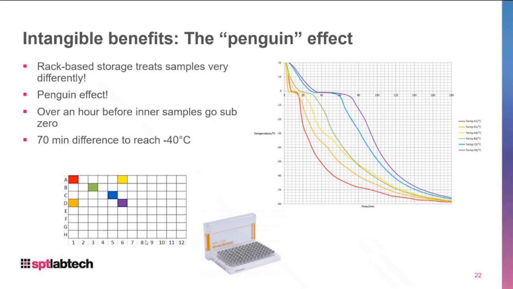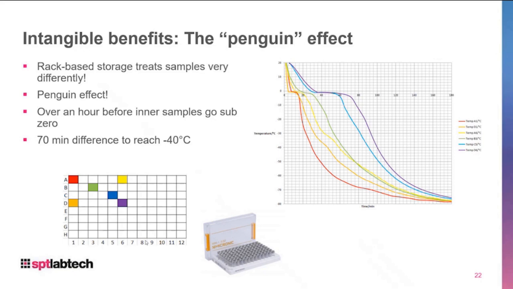Talking a little bit more about sample integrity for intangible benefits, I'm going to talk about the penguin effect. It's an interesting thing to set up, funny name, but we did some testing of profiles on sample storage in racks, as opposed to how we store them directly in each tube.